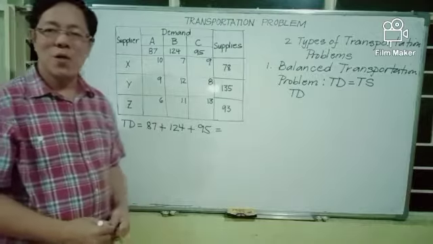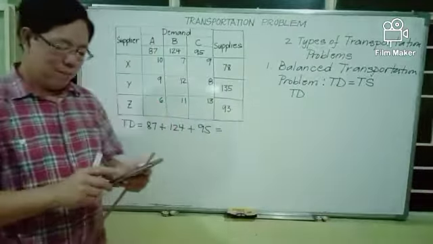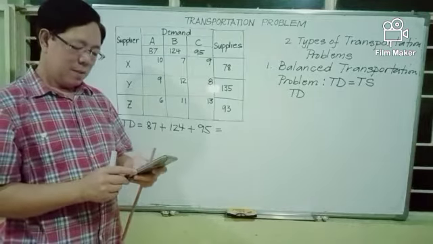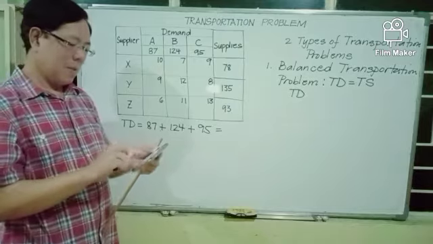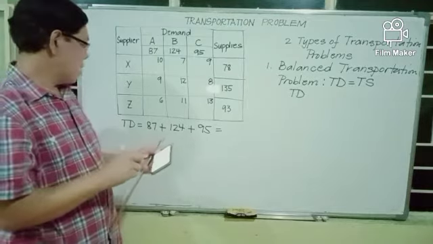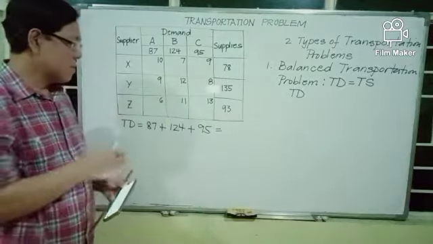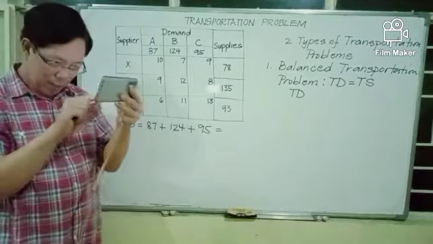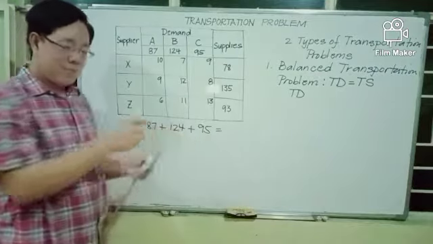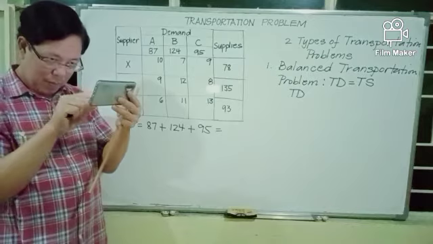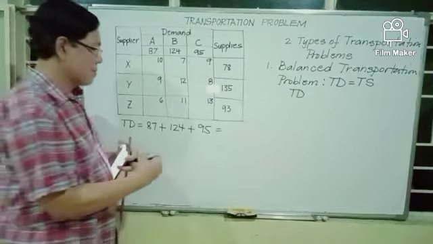And you may use your calculator to get the sum of the demands. We have 87 plus 124 plus 95. And we get 306.